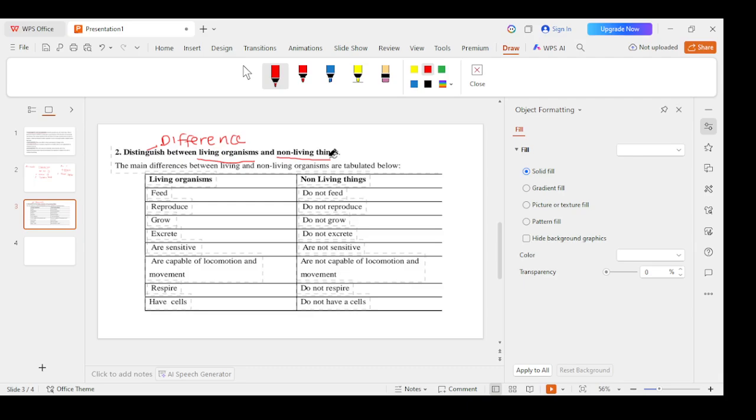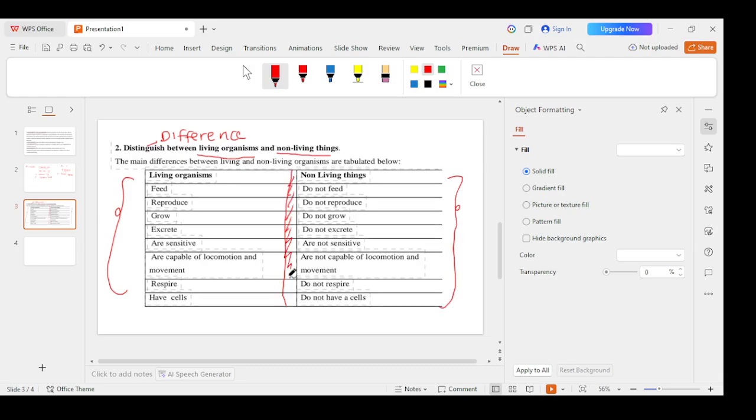This part we have living organisms, the whole of this part. Then this part we have non-living organisms. So here there is a line cutting, separating the living organisms and the non-living organisms.